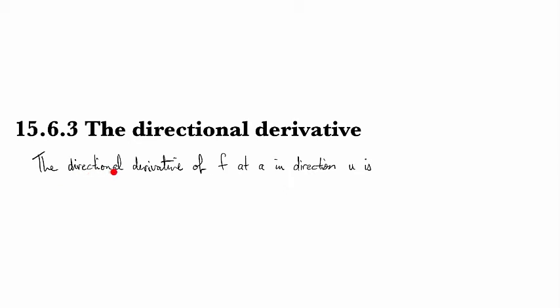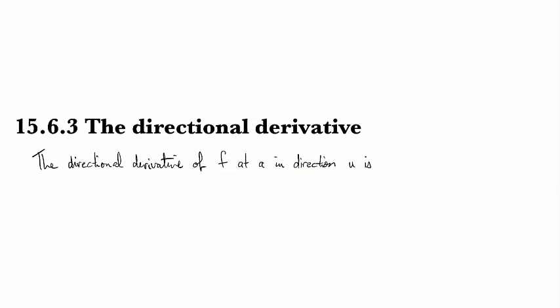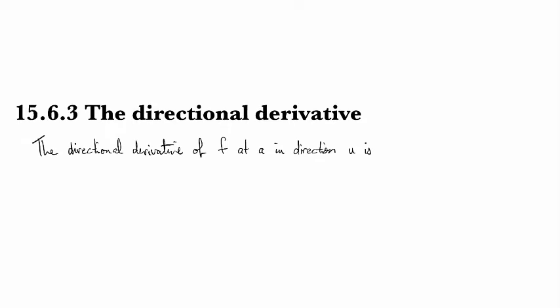So the directional derivative of a function f at location a and in the direction of u, or moving in a direction parallel to the unit vector u, is denoted by the u directional derivative of f evaluated at a.